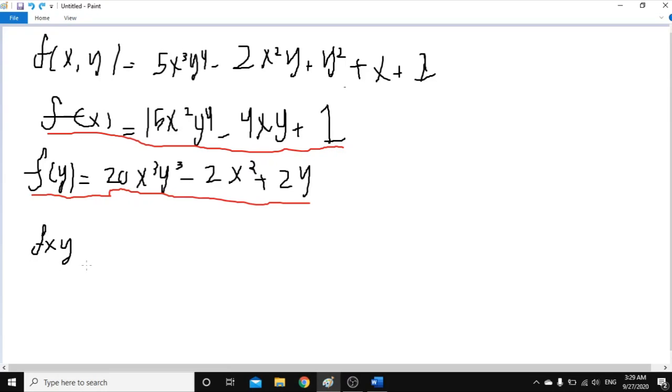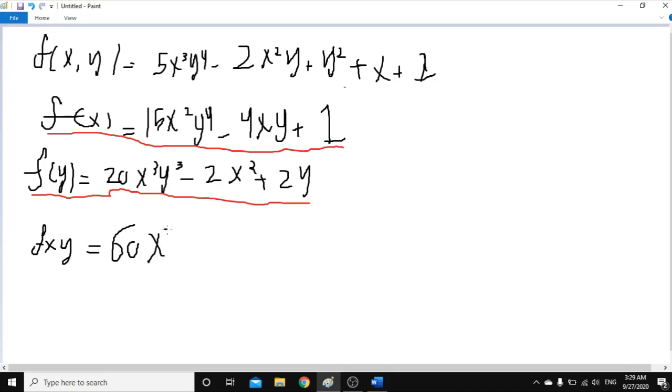So we need to take a derivative from this function with respect to y, not with respect to x. Let's try to do it: 15 times 4 is 60.